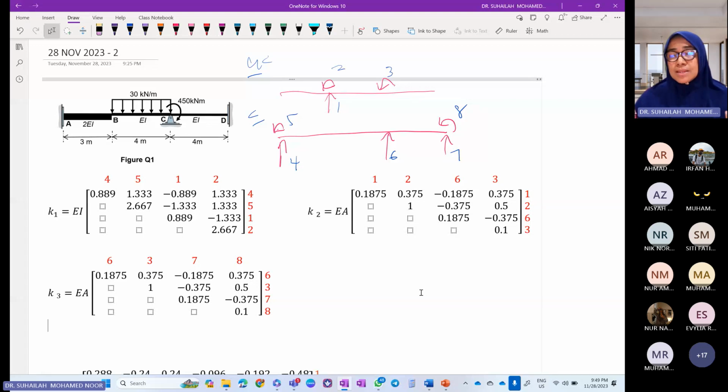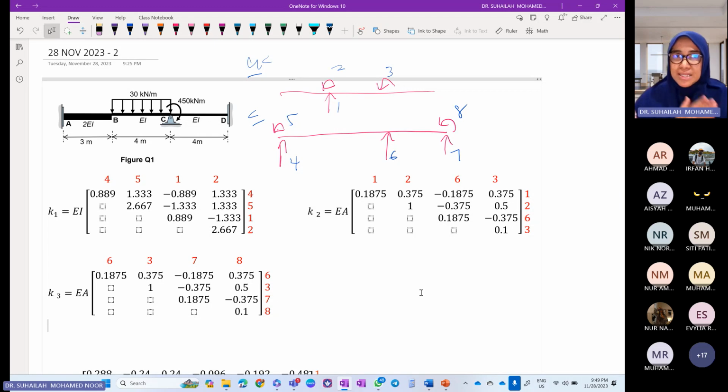And another reaction is at C, sorry, Cy, because it is pin support. Even though pin has X and Y, we don't have to count X, so we only count Cy. Because at A, there are AY and MA, the moment at A and AY, the vertical reaction at A. That is the thing that we are going to analyze at the end of analysis.